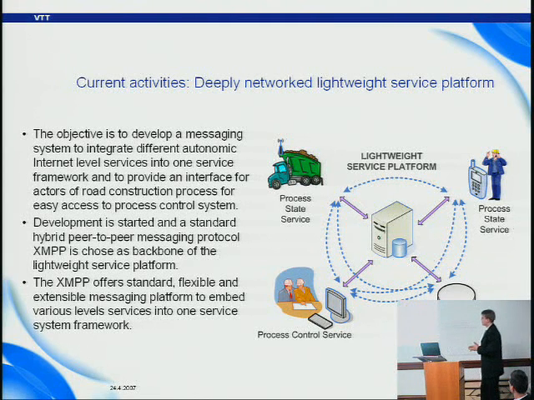And the real benefit of this XMPP is that the client side, the peer side of the service network, can be very light. This communication is controlled by the central communication unit called server, but it is peer-to-peer communication.